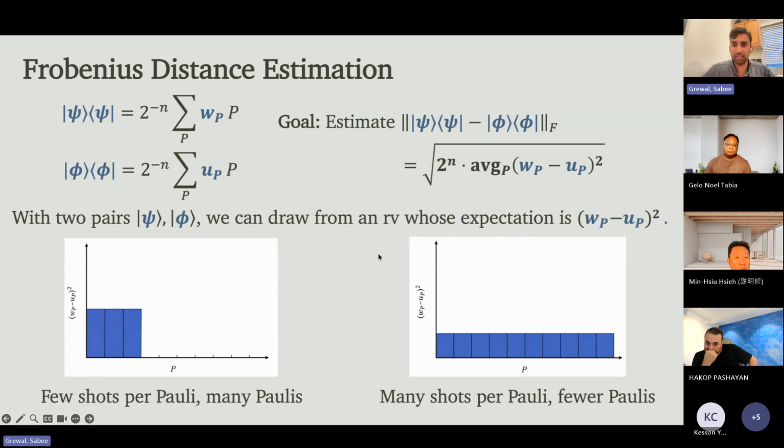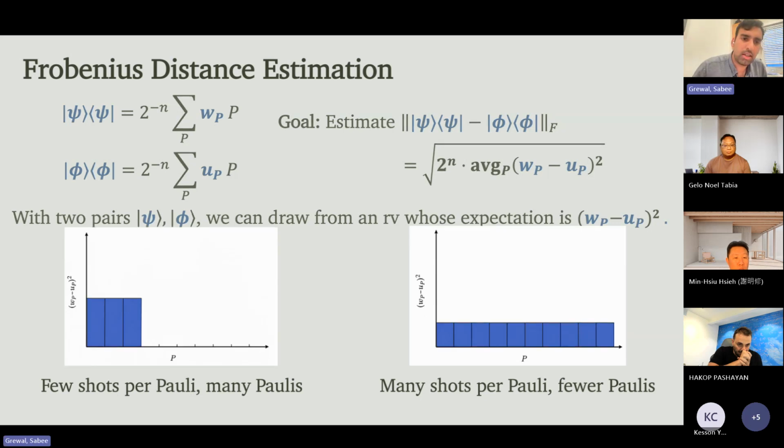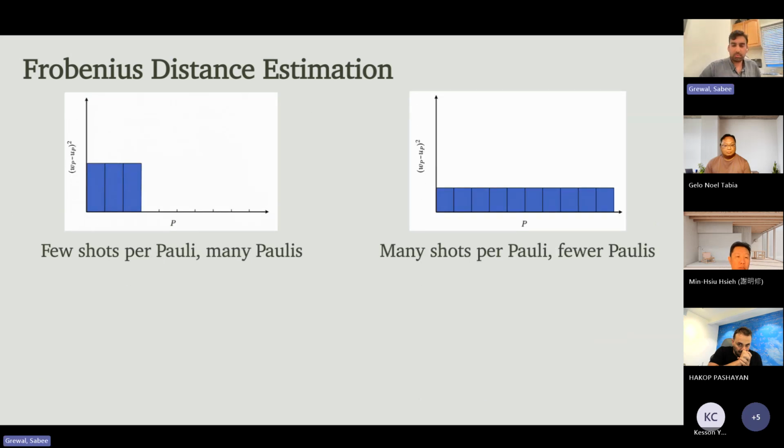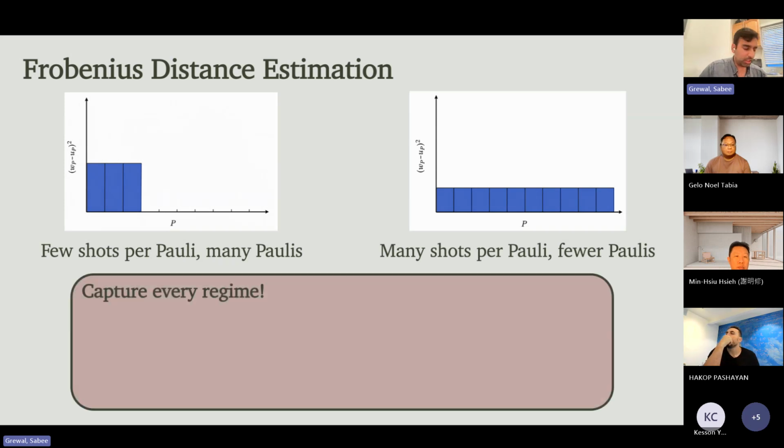And a priori, when we're doing this Frobenius distance estimation, we don't really know which regime we're living in. And so that's the main hurdle that we need to jump when designing this algorithm. So the rough idea is that we design an estimator that can capture every regime and combine the information.